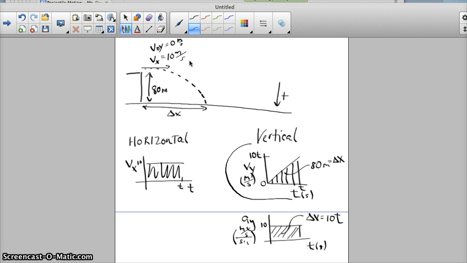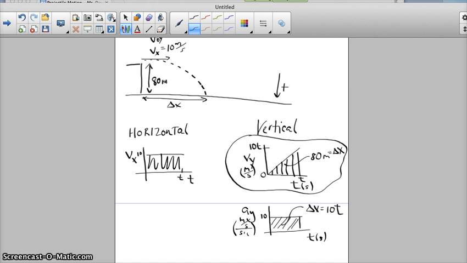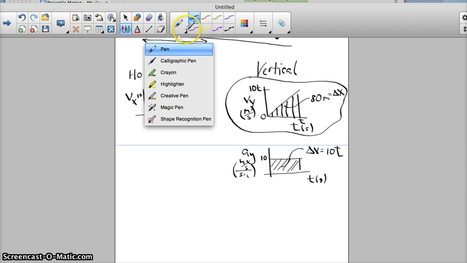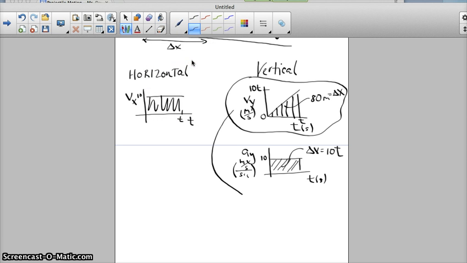Using all of this, I should be able to finish solving. Okay, so from the area of a triangle, why don't I keep all the vertical stuff on the right hand side.